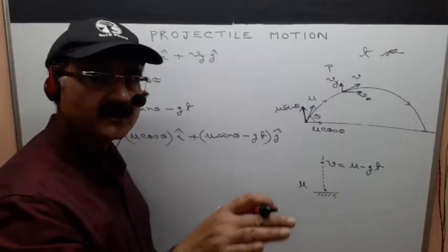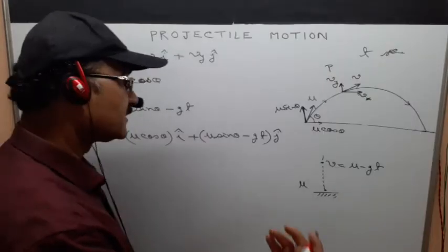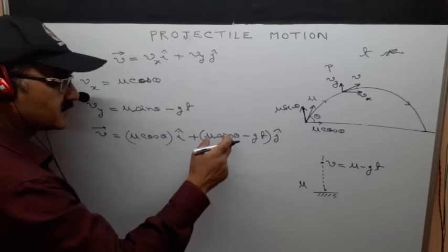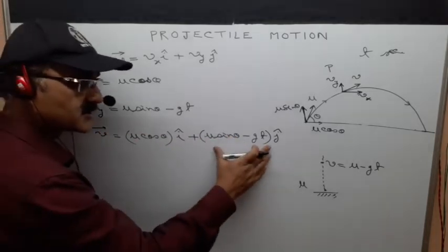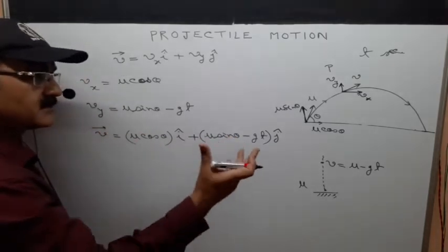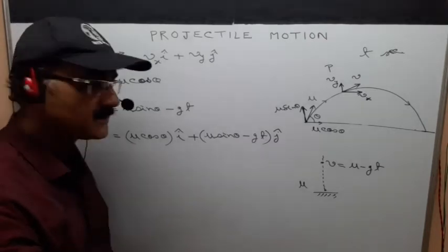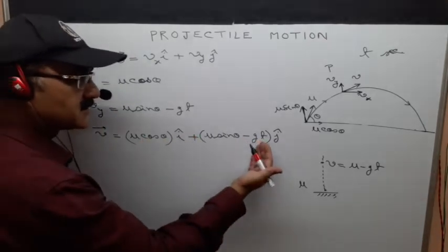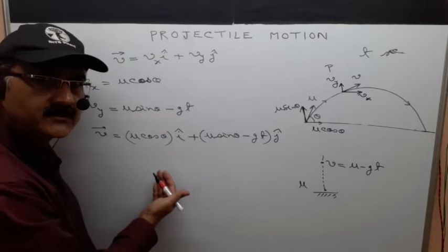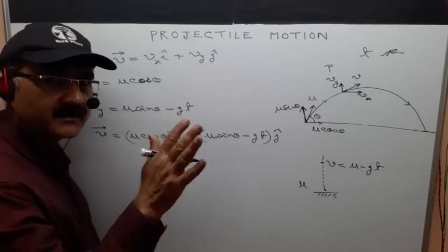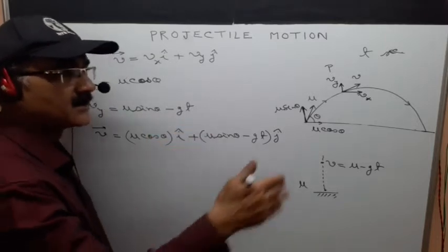But usually in the exam what they expect is the expression for the magnitude of the velocity. So for that you proceed like this. It's very simple. You know this is a vector, so you know how to find the magnitude. I think you remember that.